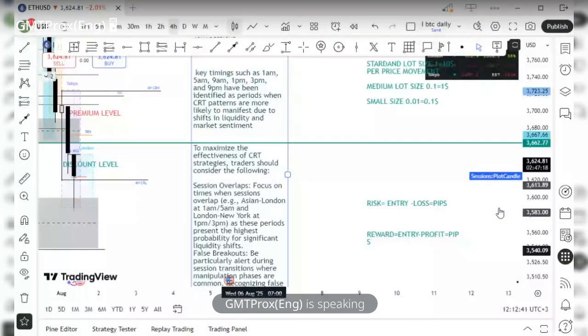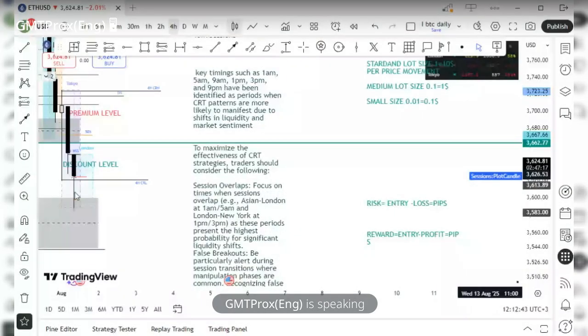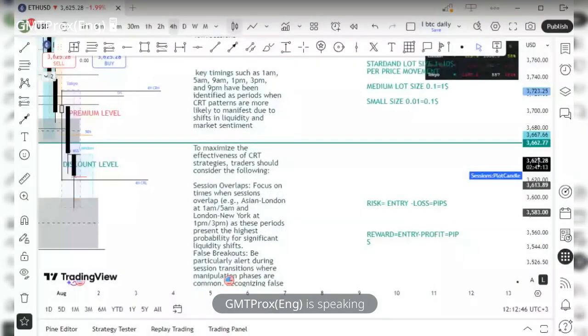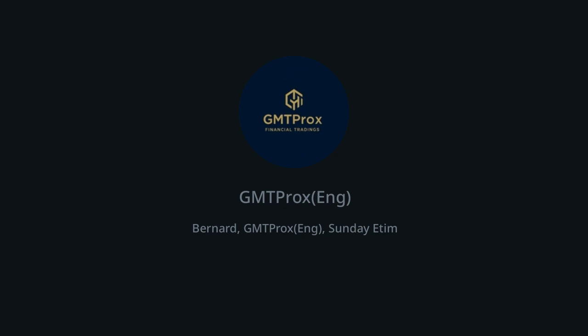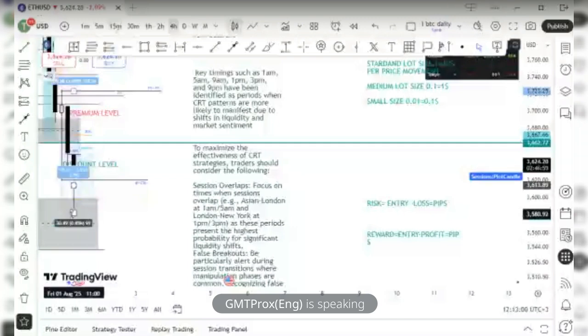So we still have 2 hours. This one will be completed in 2 hours. So now you can see price, this was a fake breakout.